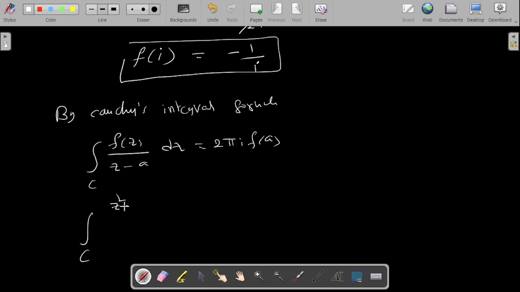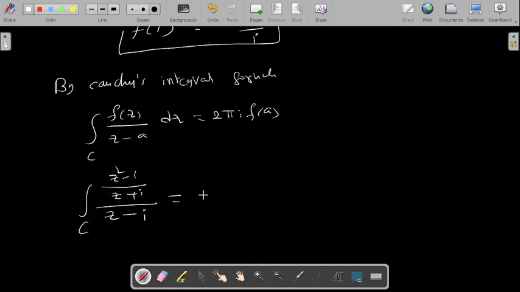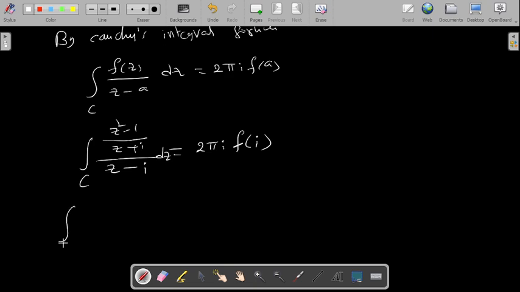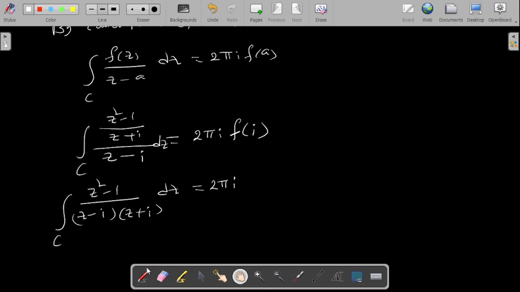So integral C of (z square minus 1) by (z plus i) divided by (z minus i) dz equals 2 pi i into f of i. What is f of i value? Minus 1 by i.